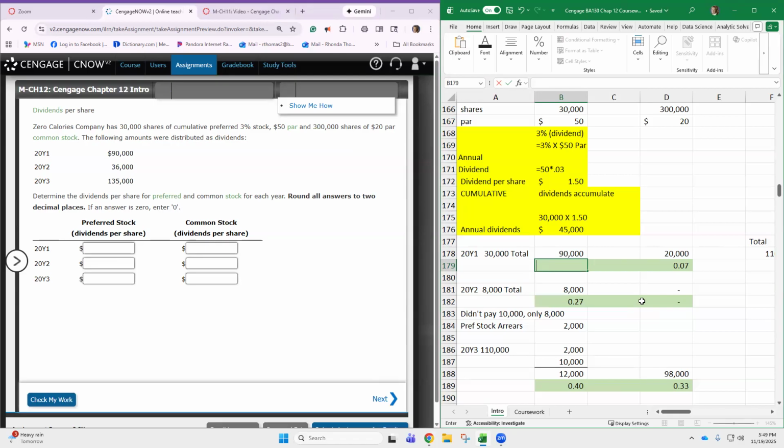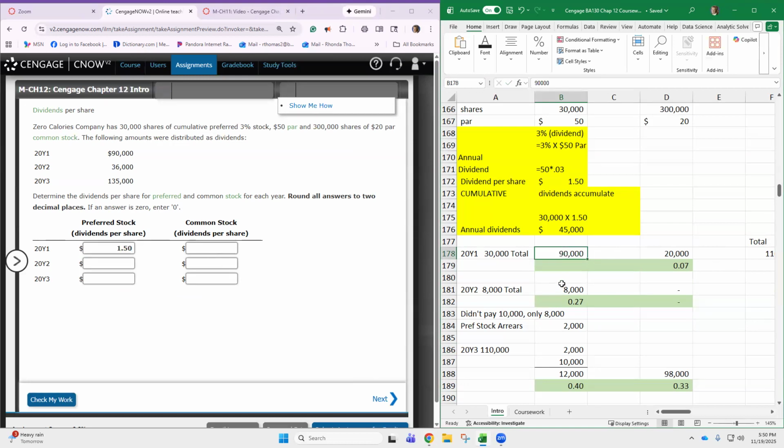So what this means is $1.50 is going to go out to each preferred share in year one. Go ahead and put $1.50 there. And we're going to subtract the amount that's going out to the preferred, and there's going to be some left over to go out to common. So let's see if we can do it.